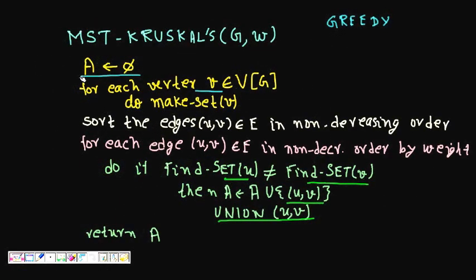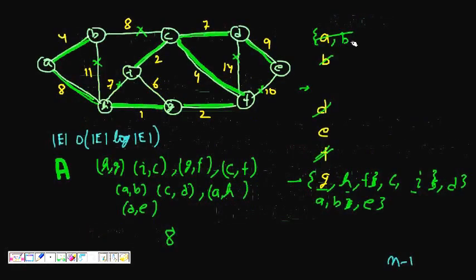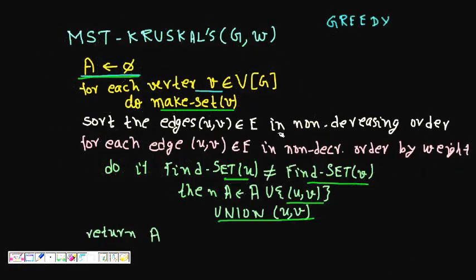Initially the set A was null, which was the minimum spanning tree set. Then for each vertex V belonging to V of G, we made a set: A, B, C, D, E, F, G, H, till I. So they were initially different sets. Then we sorted the edges in non-decreasing order.